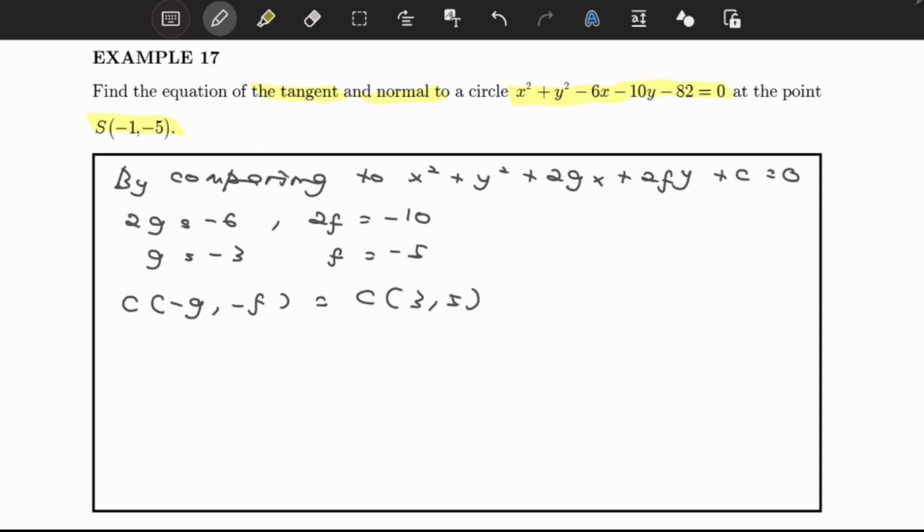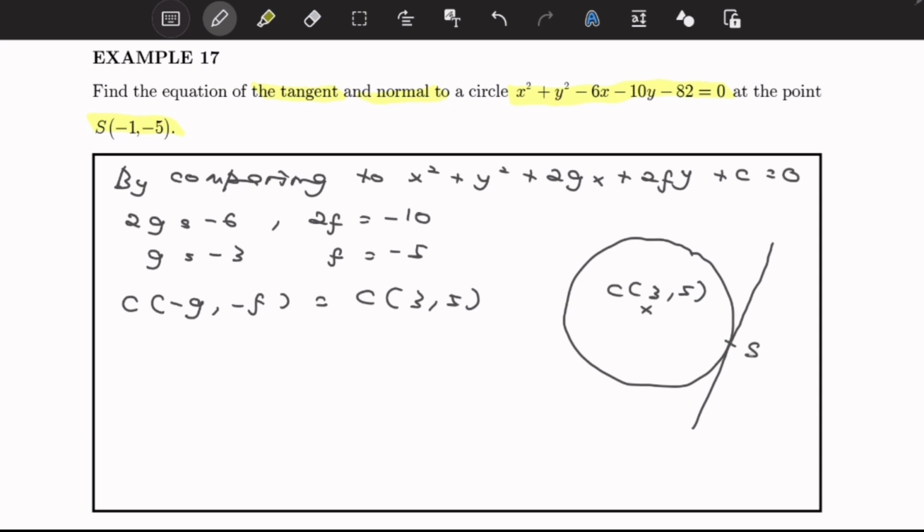For clearer understanding, let's sketch a simple diagram. This is a circle with center C(3, 5), and there's a tangent touching the circle at point S(-1, -5).